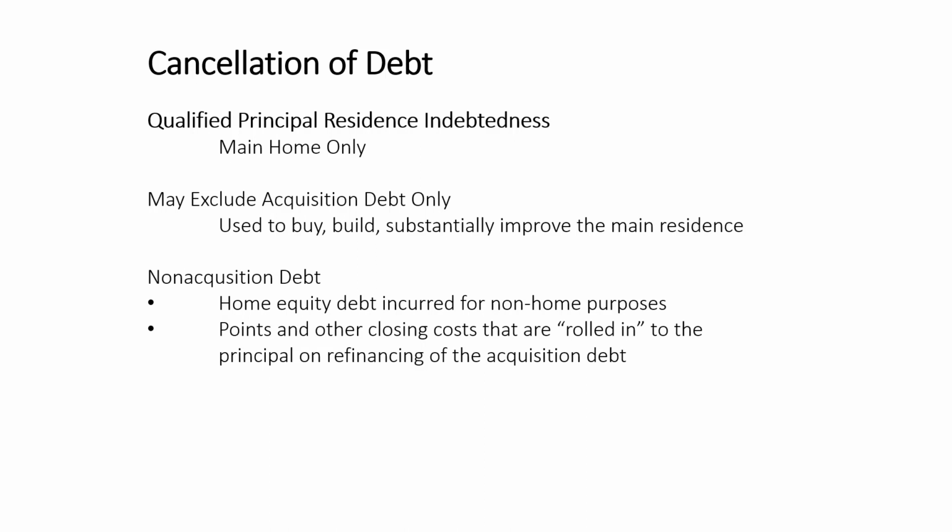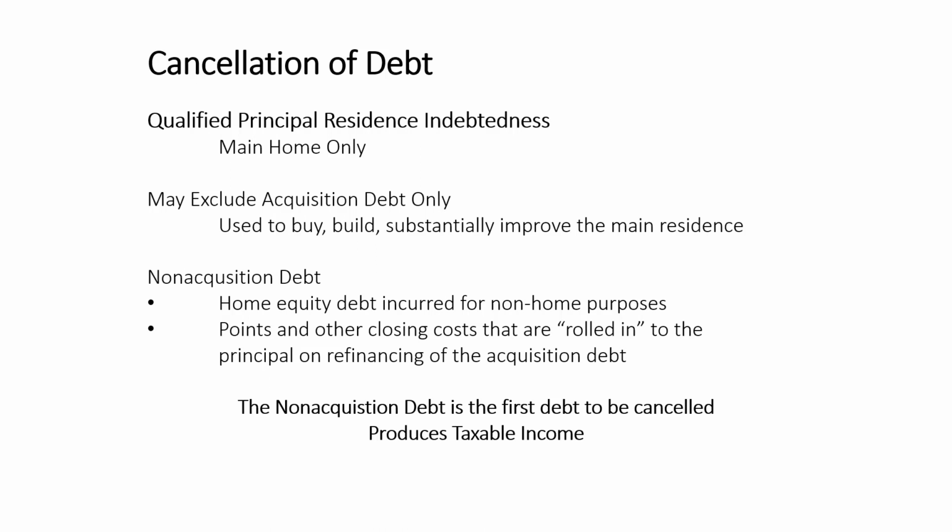Points and other closing costs that are rolled into the principal on refinancing of the acquisition debt are considered non-acquisition debt. And the non-acquisition debt, those bullet points, that's the first debt to be canceled. This produces taxable income. A 1099-C, in this case, would be issued on this non-acquisition debt.